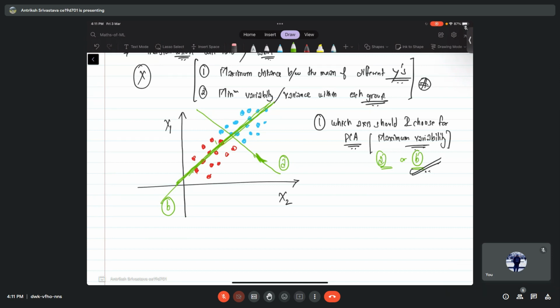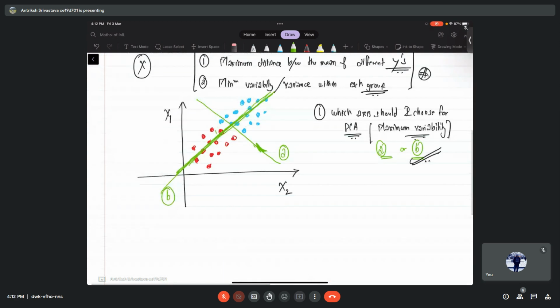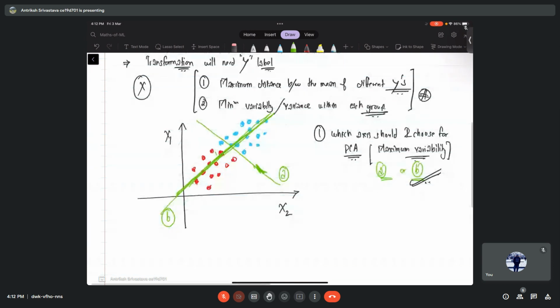So as I was saying, in case of linear discriminant analysis, I want to classify these two, and I want these data to be aligned in an axis where I can see maximum difference in the mean of red and blue, and at the same time minimum difference between themselves in that region itself.